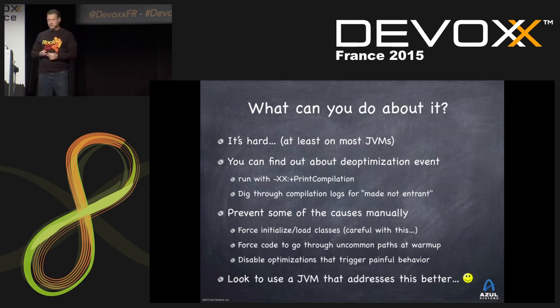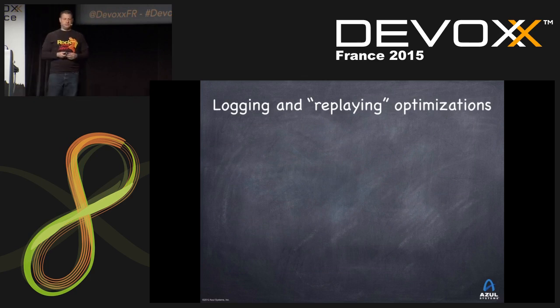But you can also look to use JVMs that have features to deal with it. We have a JVM that does. It's something we've been working on for a year and a half, or a couple of years. We've been shipping for almost a year. There are others that have done some parts of this as well. One of the powerful ways to deal with this is to basically log and replay optimizations from entire day runs before.